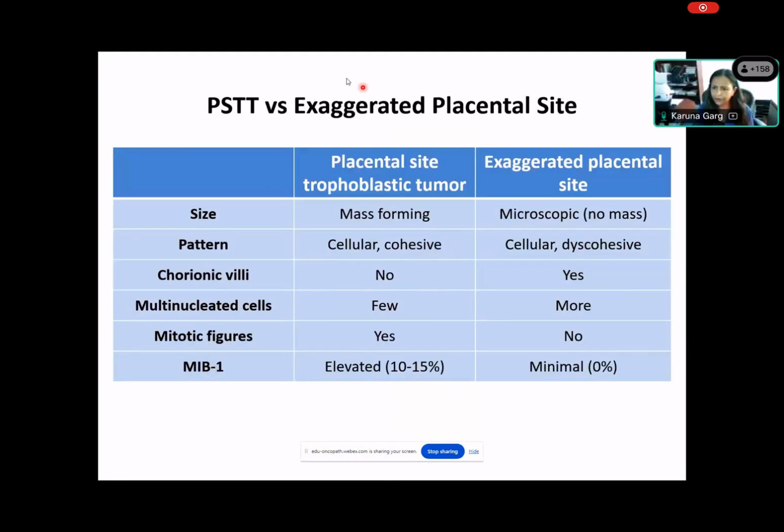So again, this is how you distinguish between PSTT and exaggerated placental site. PSTT is almost always mass forming. Exaggerated placental site is a microscopic finding, no mass. You should not see chorionic villi in a PSTT, and the MIB1 should be high in a PSTT and basically 0 in an exaggerated placental site.